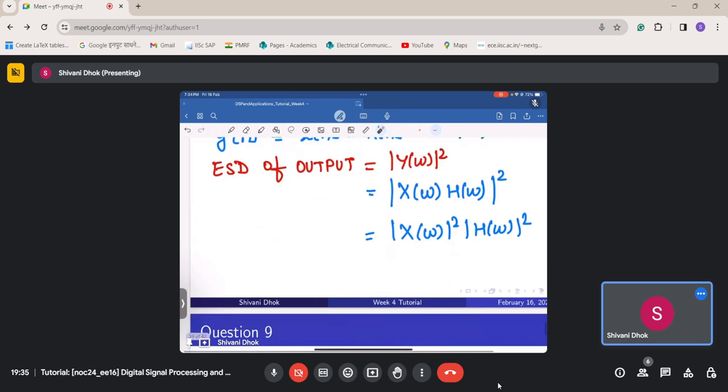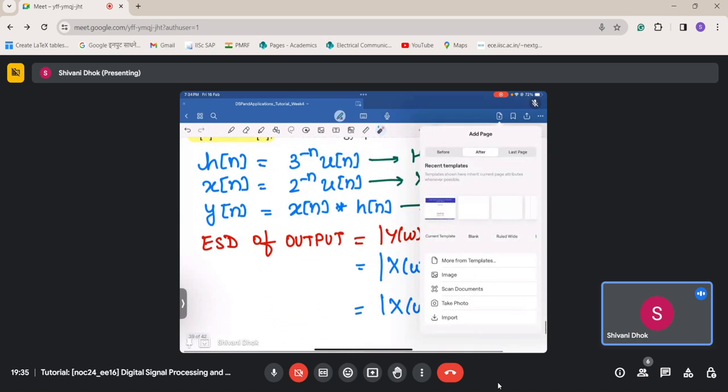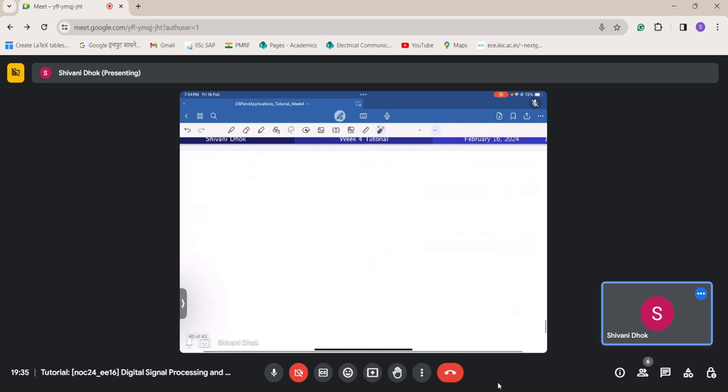So now what we have is h(n) as 3^(-n) u(n), and we had found this out earlier.